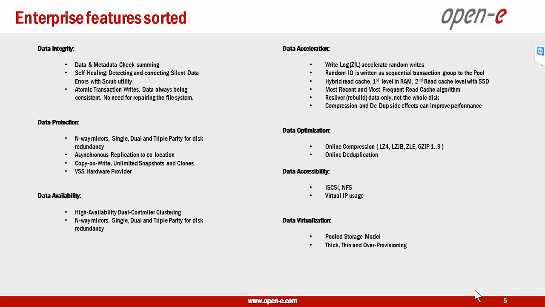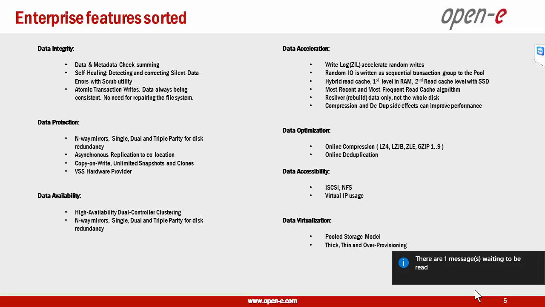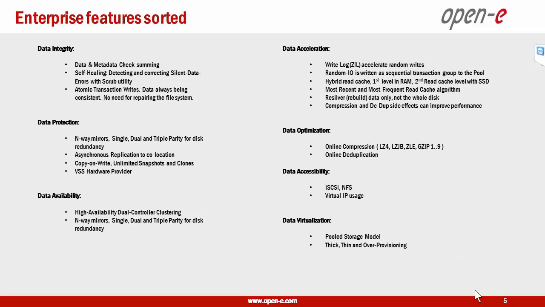Okay, compression and dedupe, of course, also have an influence on performance. Not in every case, but in many cases, you will have a performance improvement thanks to compression and deduplication. Data optimization is also compression and deduplication, especially if you need a very quick pool and you do not expect caching to work very nicely, because let's say you have 100 terabytes of data and all of it is warm or hot data.